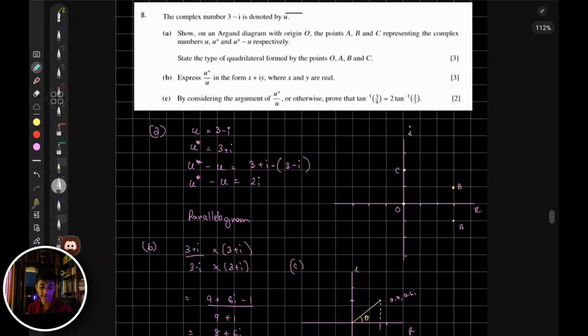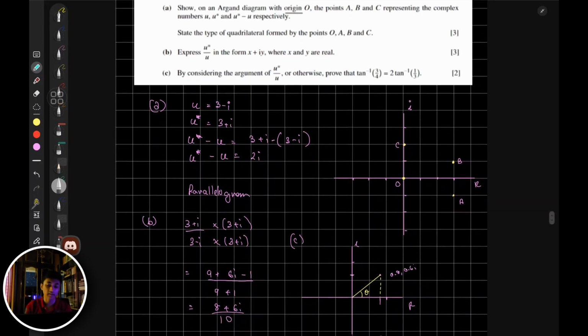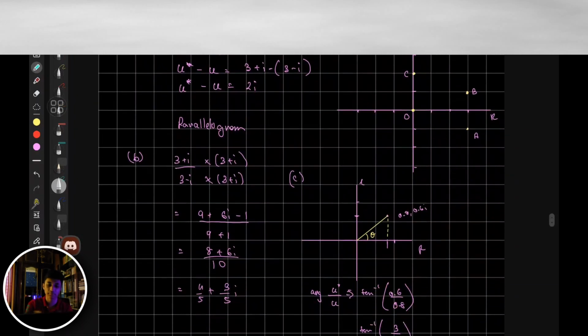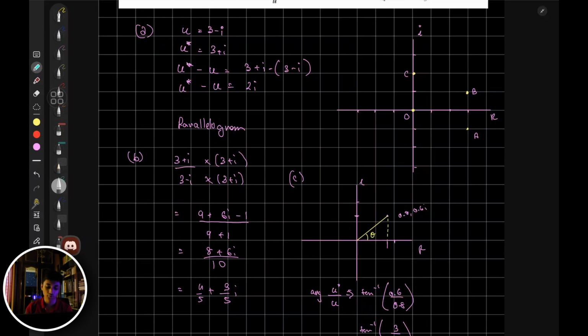Next, b: express conjugate u by u in the form x plus iy, where x and y are real. How do you answer it? You just write down u conjugate by u and try to simplify it. To simplify, you multiply by the conjugate of the denominator in both numerator and denominator.